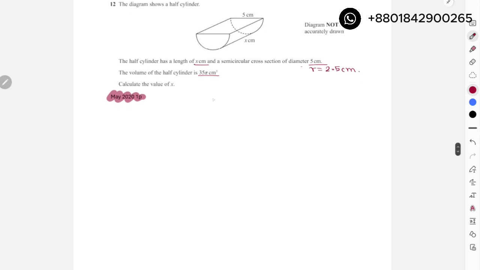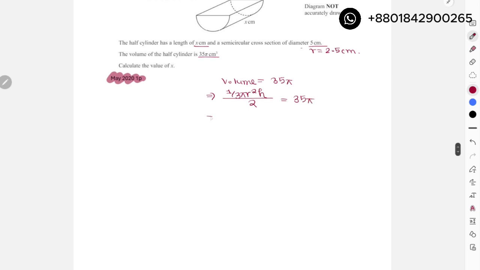It's very easy. In general, for normal volume, you use 1 over 3 pi r square h. This time I will be using 1 over 6, because it is half of the total volume. So the volume that is given is 35 pi. The formula is going to be 1 by 3 pi r square h divided by 2, equals 35 pi. After this, I get 1 over 6 pi r square h equals 35 pi.